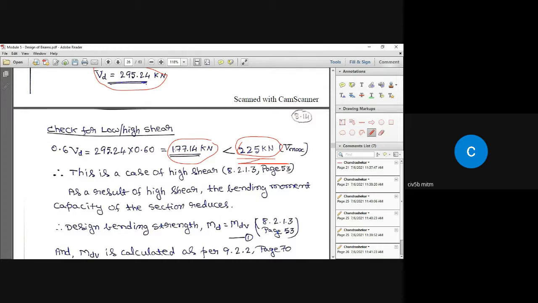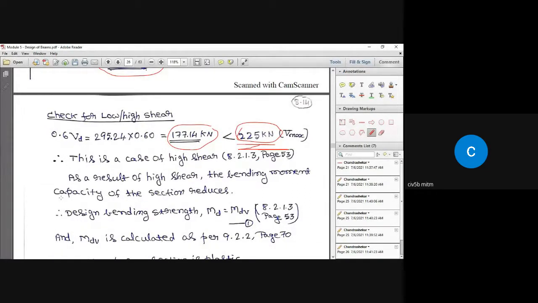If you remember the previous case, MD was 148 point something kilonewton meter. That is the moment capacity of the section which we calculated for the low shear case. How did we calculate? Go to page number 53 of the code book, clause 8.2.1.2, first column. MD equal to beta B ZP Fy divided by gamma M0.